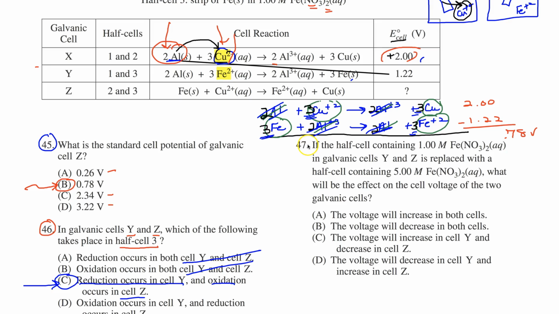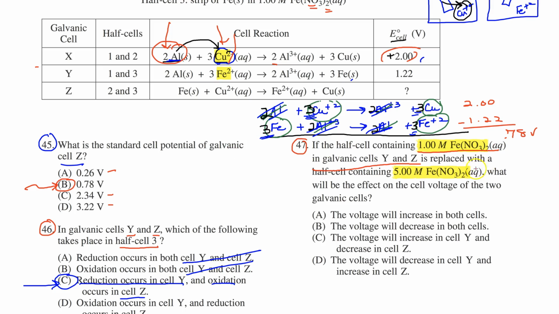On to 47. Okay, number 47. If the half cell containing 1.0 molar iron nitrate in galvanic cells Y and Z is replaced with a half cell with something that's a lot more concentrated than the original, so we're basically putting in 5 times or 500 times the concentration of the iron nitrate.